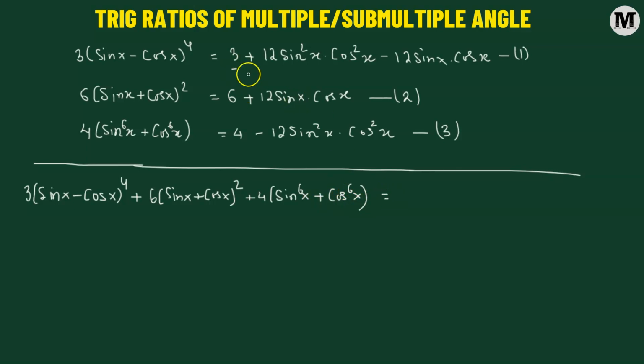And on the right hand side, let's combine all the constant terms. So 6 plus 4, that's 10. 10 plus 3, that's 13. And then we have 12 sine squared x cosine squared x. Now this term and this term cancel out. And then we have positive 12 sine x cosine x and negative 12 sine x cosine x cancel out. And this is going to be the final result, giving us a numerical value of 13. So that means the value of the given expression comes out to be 13.